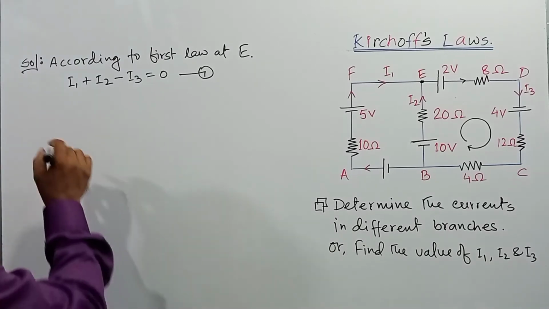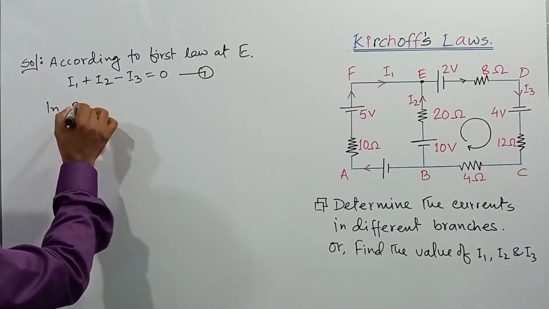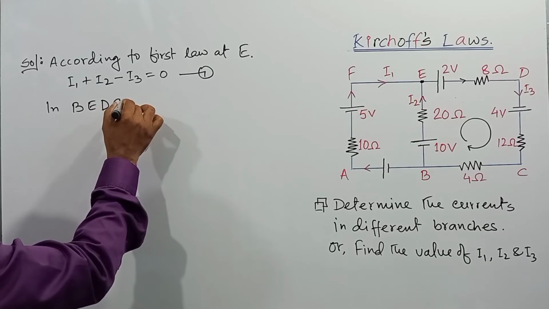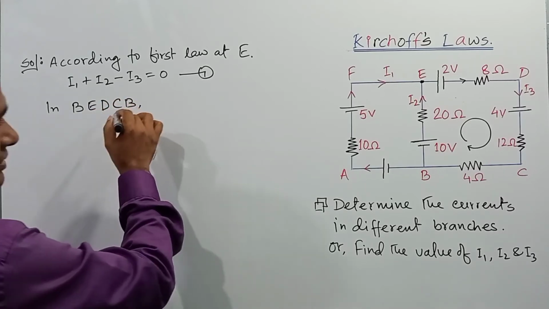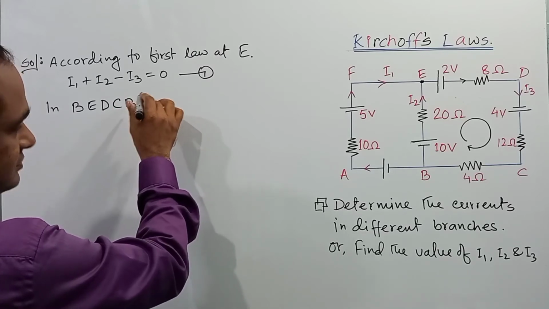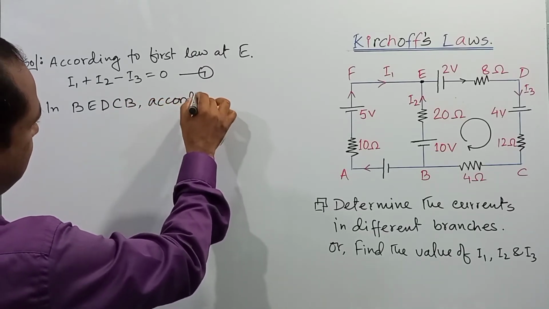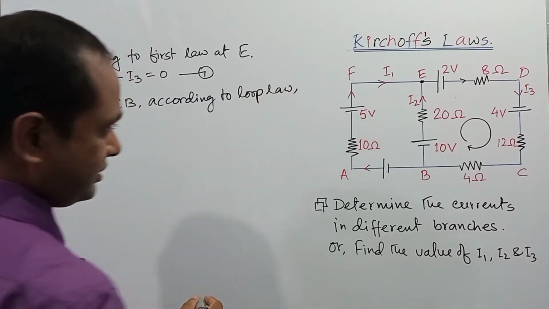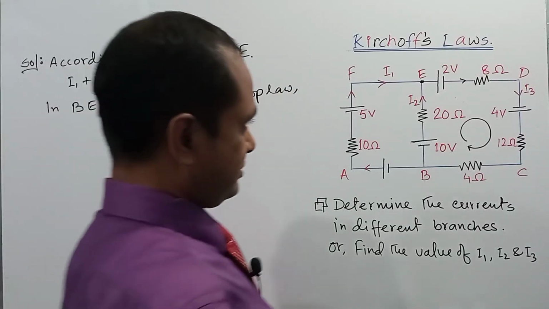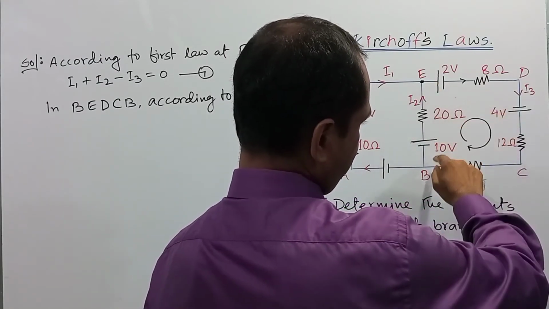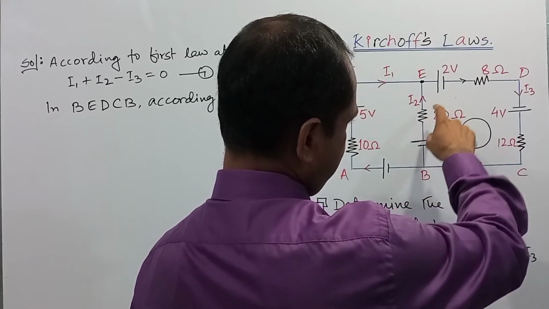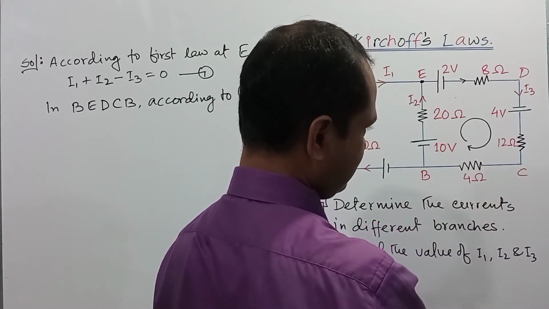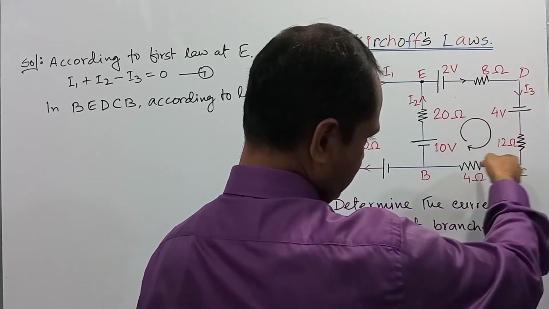So in B, E, D, C, B, according to the loop law, or second law, the current in the ED branch is I3, in the BE branch it is I2, in the CD branch it is also I3, and in the CB branch it is also I3, because I3 is coming through this point.